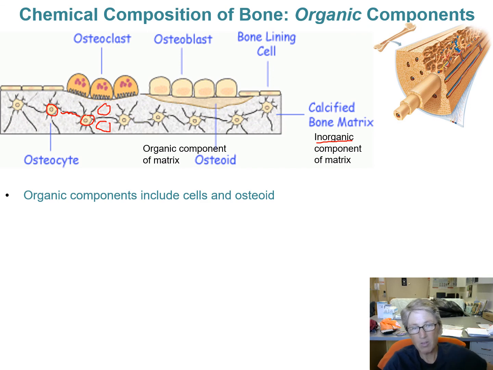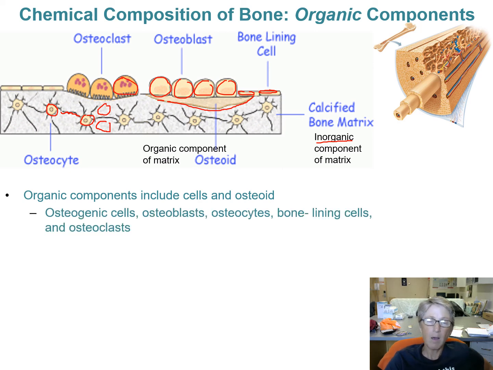And then here's the osteoblast laying down the organic matrix of the bone called the osteoid. And then once this osteoid gets calcified, it will become hard bone. And then here's some bone lining cells in the cartoon. And then here's the osteoclasts that help break down bone.